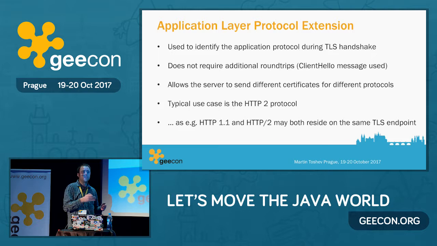For example, if you use HTTP 1.1, you can send one public certificate to the client. If you use HTTP 2.0, you can send another public certificate to the client. And as you can see, this provides some additional flexibility in the TLS negotiation process. And it also allows you to run different versions, for example, of the same protocol on the same server endpoint. One typical use case of that is the HTTP protocol, for example.